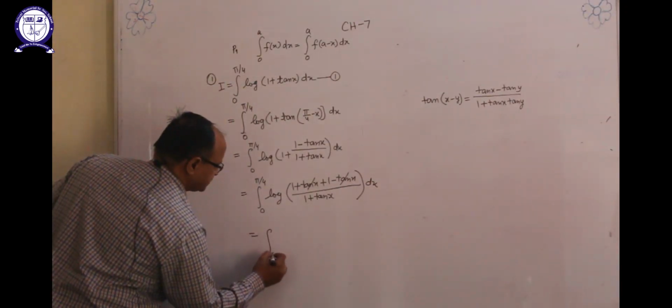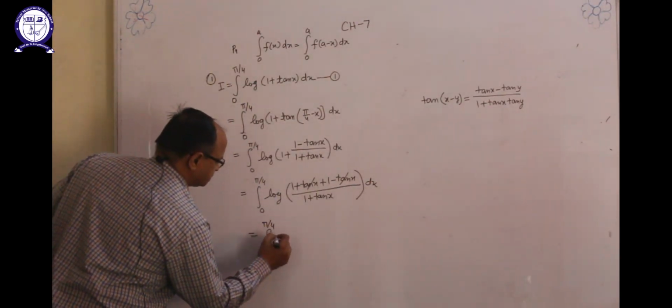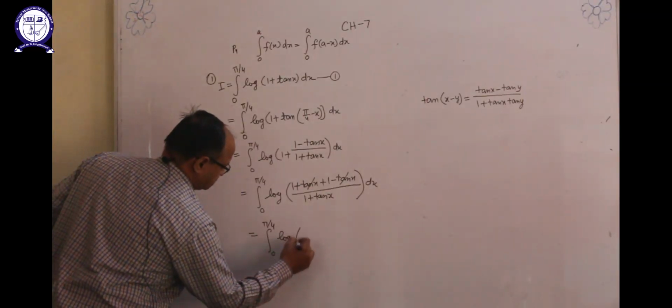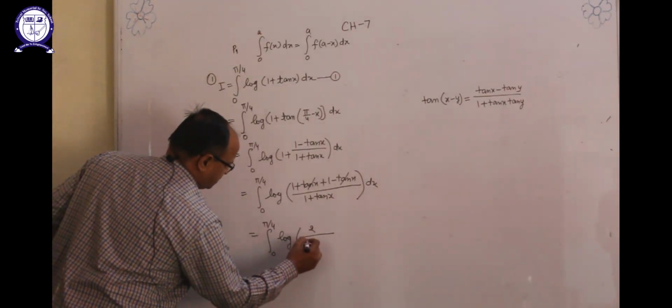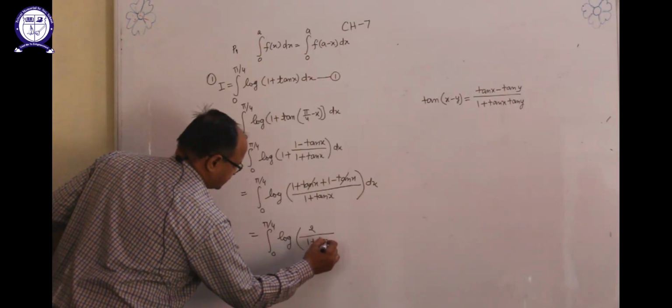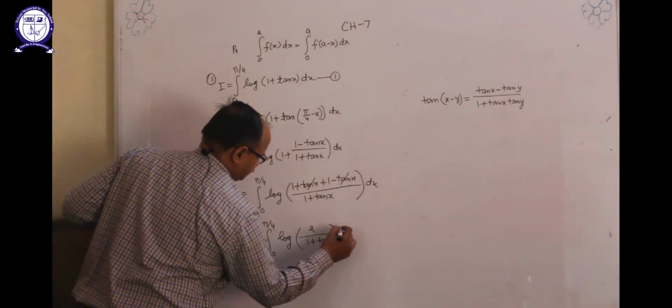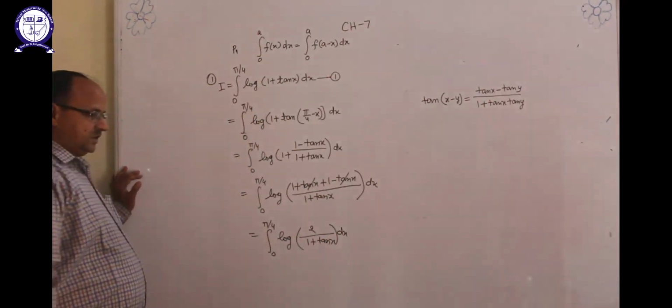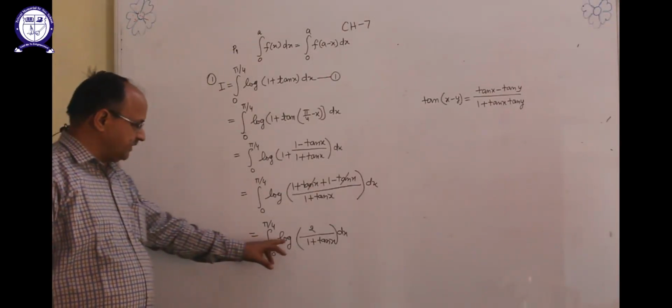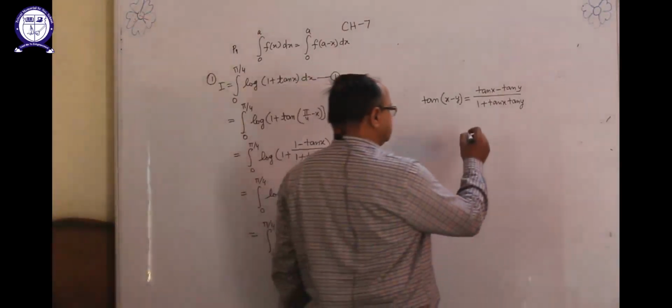You know that integration 0 to pi by 4 of log of 2 by 1 plus tan x dx. Now you can apply the formula for log m by n, a property you know very well.